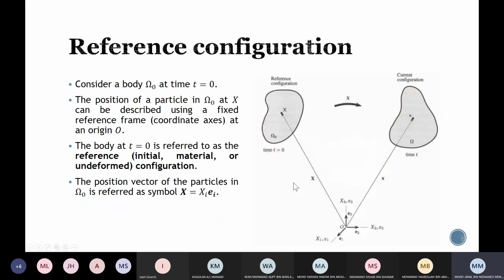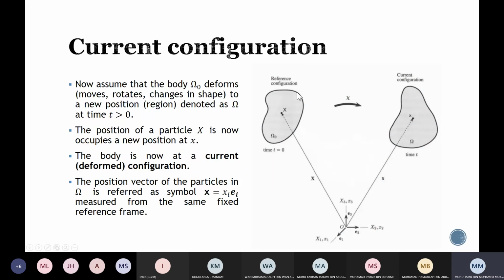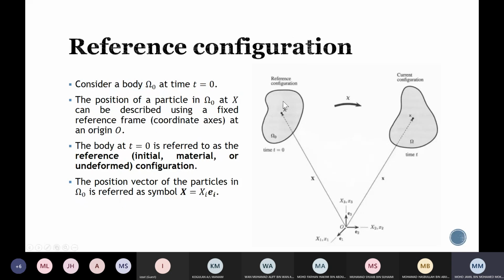In mathematical form, we can further describe the two different configurations. Let's look at the reference configuration first. At the reference configuration, we denote the body, the potato just now, using the symbol omega naught. At time t equals 0, the body is at the reference configuration.